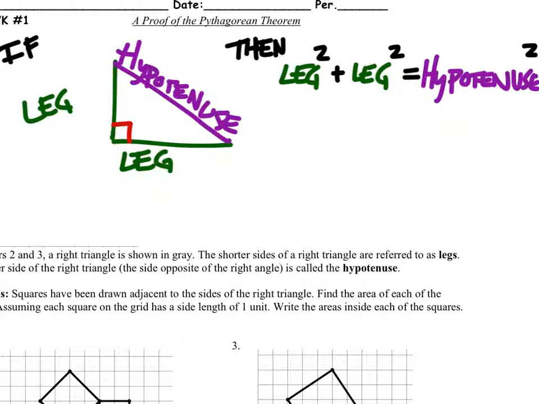So the two legs squared added together equal the hypotenuse squared, the exact same value. But again, this is only if you have a right triangle.